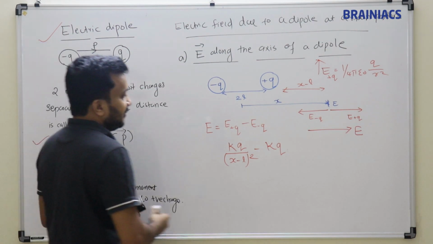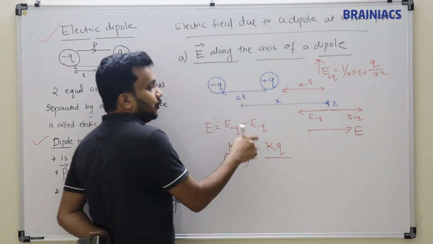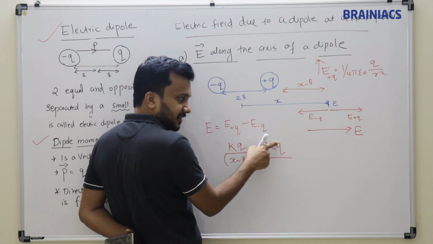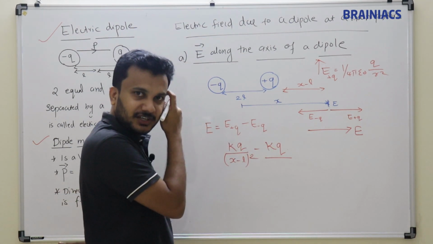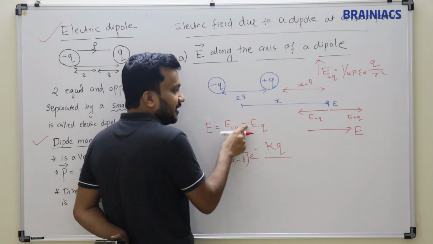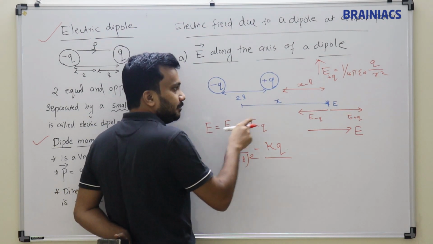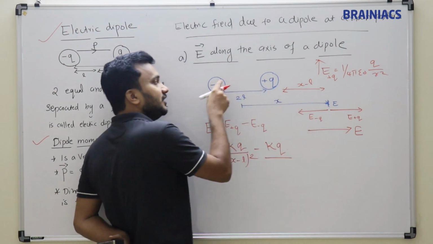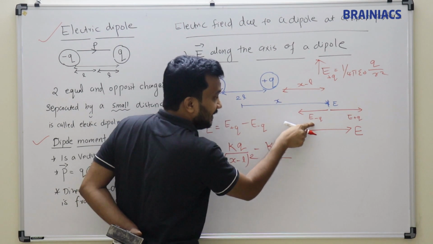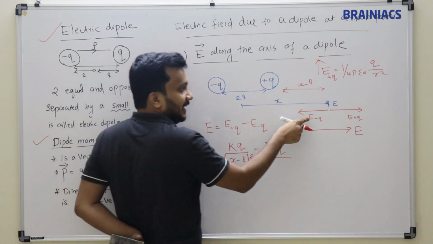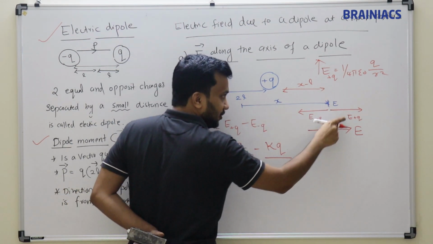kq divided by, electric field due to minus q. Here I don't want to put one more minus. There is a very high chance you make a mistake here. Here I have put a minus. Why? Because I defined the electric field as towards minus q. So I already put a minus sign here for the negative charge. Because of the negative charge, the electric field direction is opposite.